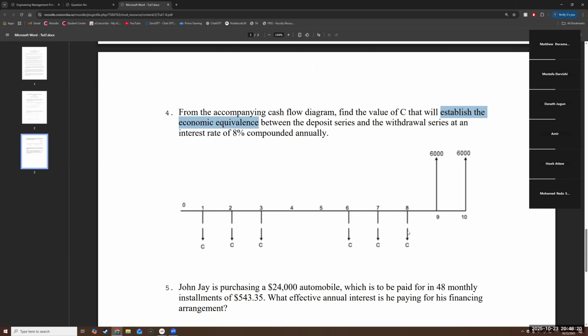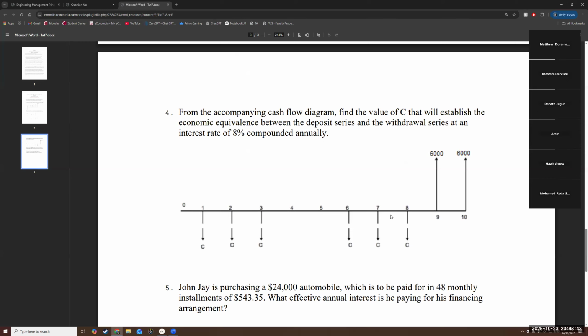In other words, the present worth of this complete diagram is 0. The annual worth of this diagram is also 0, and the future worth of this diagram will also be 0. So we will need to find what this C value is.